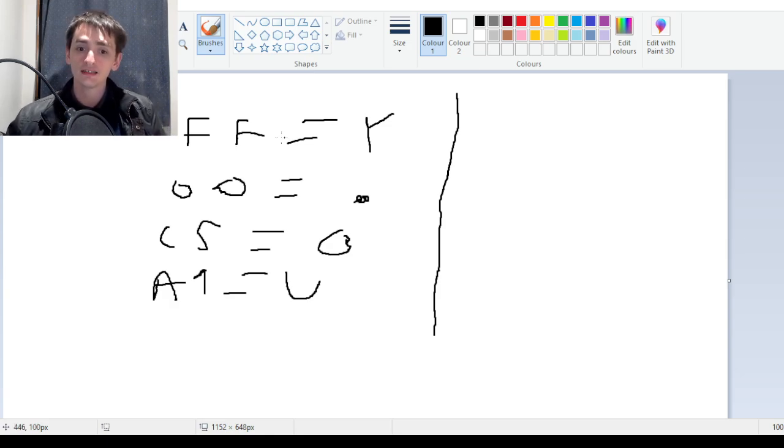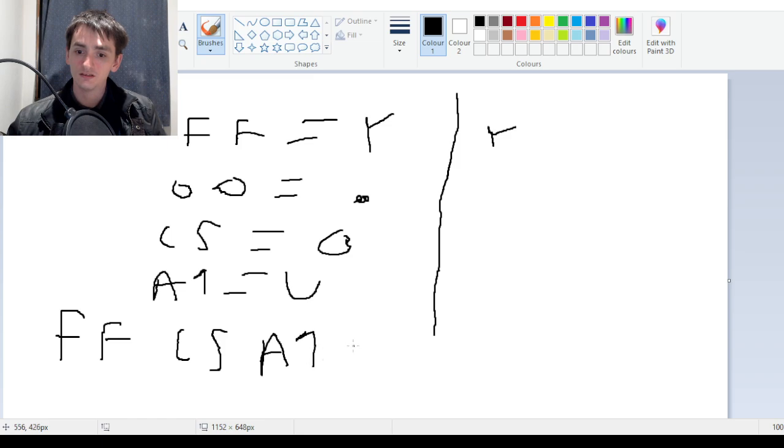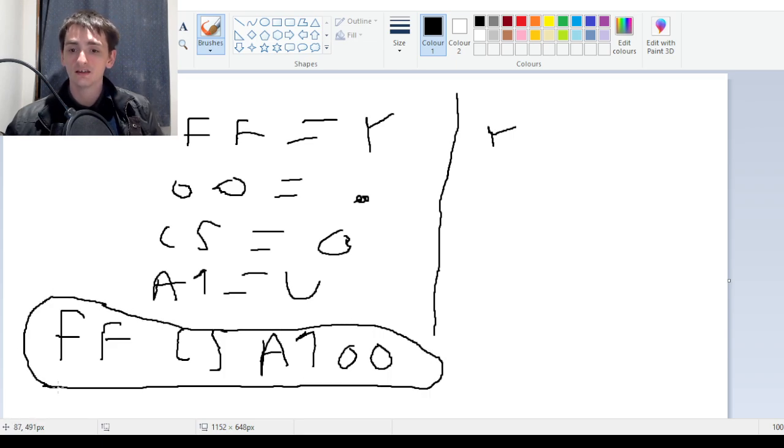Then it goes, okay, I see an FF here, so that's going to be a Y. So if we had FF, C5, A1, 00, the computer would look at this jumble of hex, which the average user wouldn't understand, and go, okay, FF is Y. C5, look at my little chart, that is an O. An A1 is a U. And a 00 is a dot.